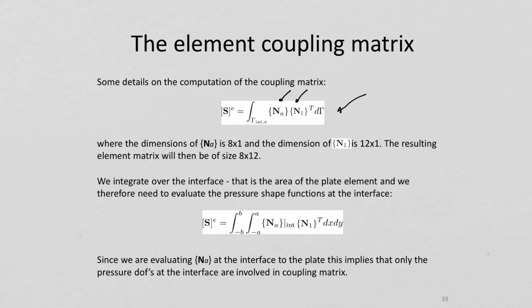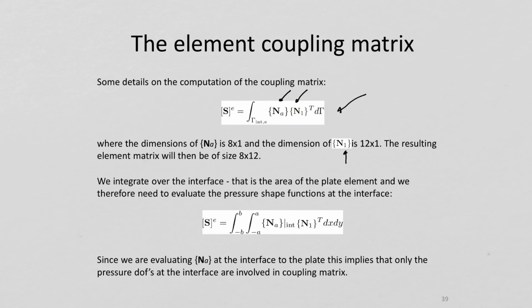It involves the first component of the structural shape functions. Looking a little bit at dimensions, we see that the acoustic shape function is 8 times 1, and the dimension of this first component is 12 by 1. So the resulting element matrix will be of size 8 by 12.